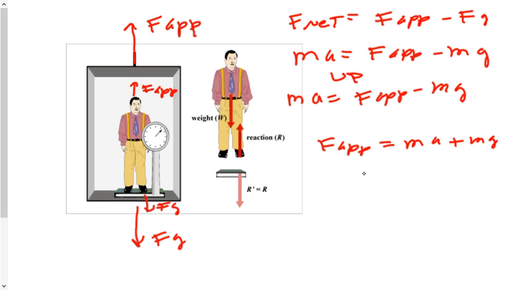This force applied is what's pushing upwards on him, and the scale is going to be reading that force applied. Why? Because it's an action-reaction pair. The force going upwards must be equal and opposite going downwards.